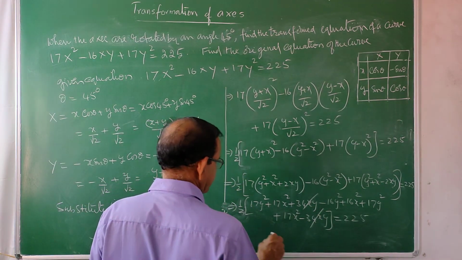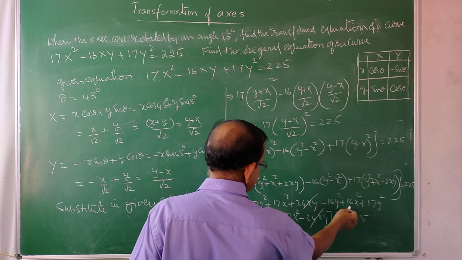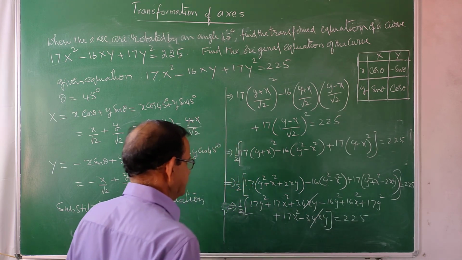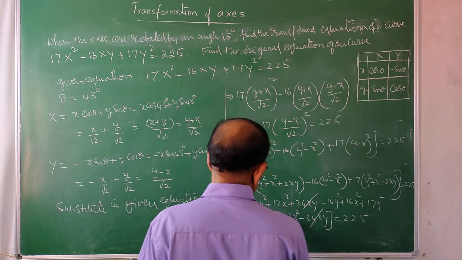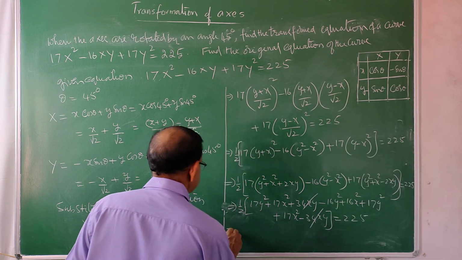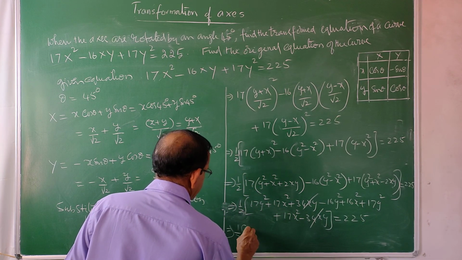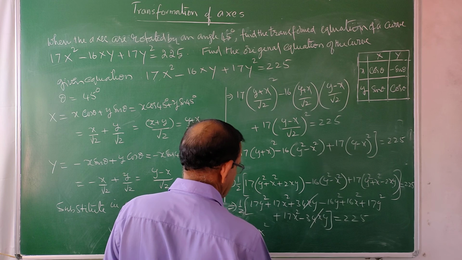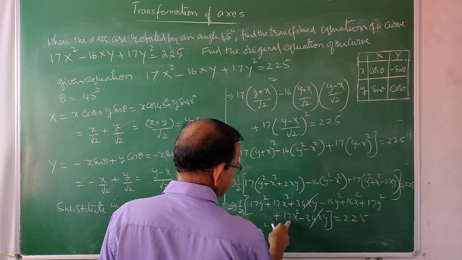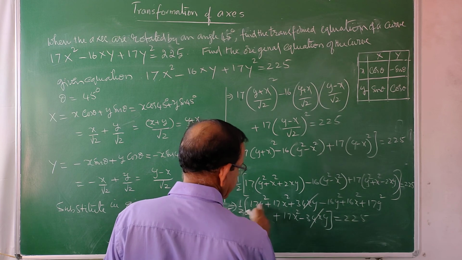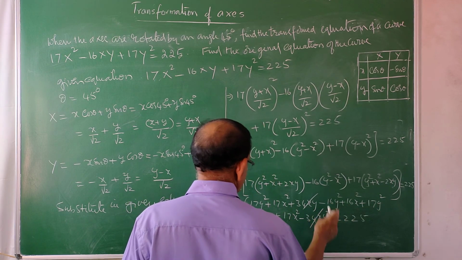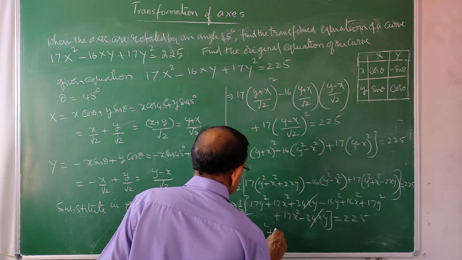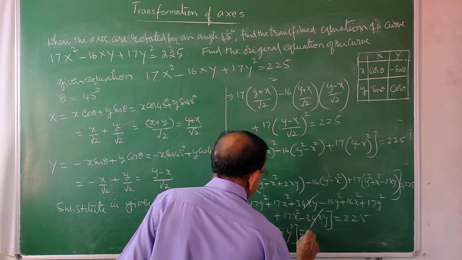Now let us simplify x square terms first. 17 plus 16, 17 plus 17, 34 plus 16, 50 x square. Next y square terms, 17 plus 17, 34 minus 16, that is 18, is equal to 225.